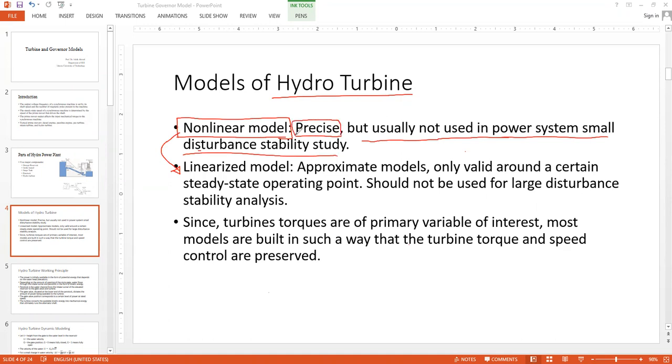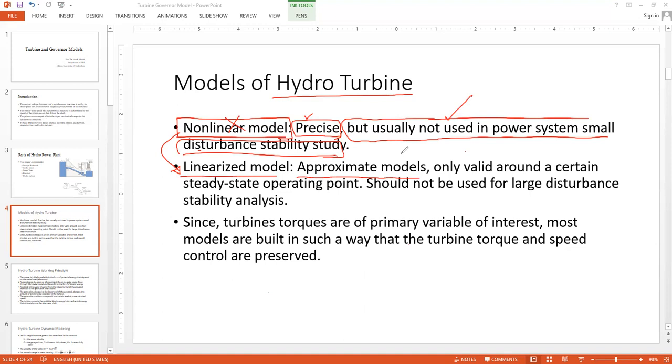So this is the benefit, but this is the problem. Because we are focusing on small disturbance modeling, the nonlinear model is not going to be of any use for our purpose, but it is precise. It can capture even the nonlinearities. The linearized model, on the other hand, is an approximated model.